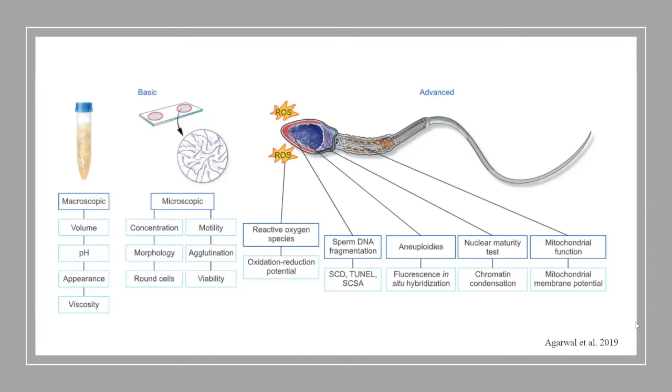And then you get into the way more advanced assessments that can be done. These usually, again, have to use things like the fluorescence scope or the flow cytometer. And it's where you're looking at mitochondrial function, whether your DNA is fragmented, whether your membrane's intact, etc.